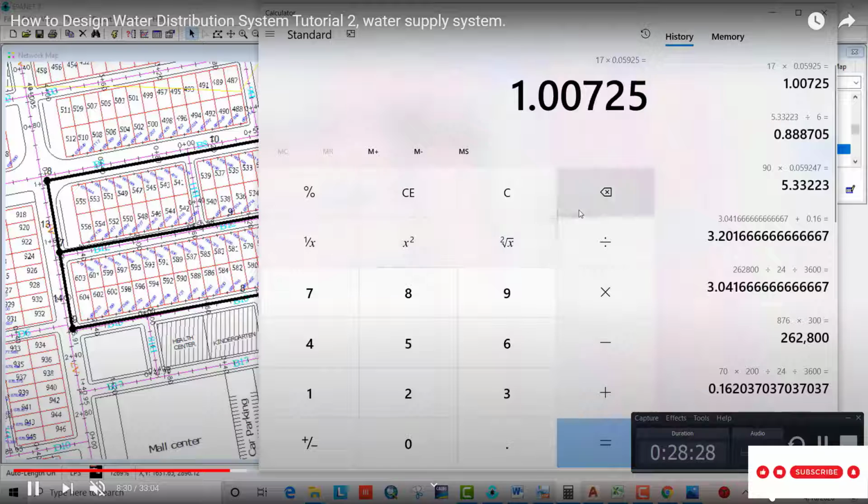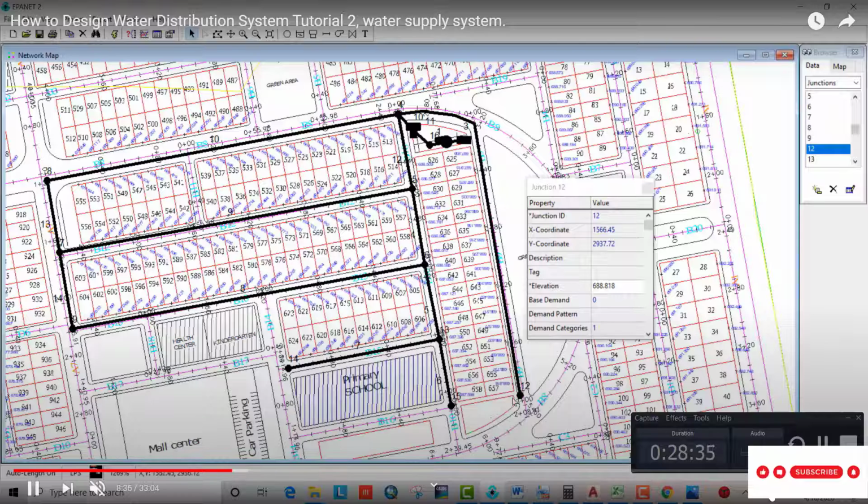Okay, the demand for the last node is 1, or 1.1 is better. And for this one also the same, 1.1, because the number of houses is equal.